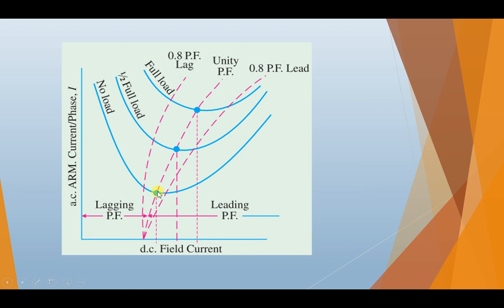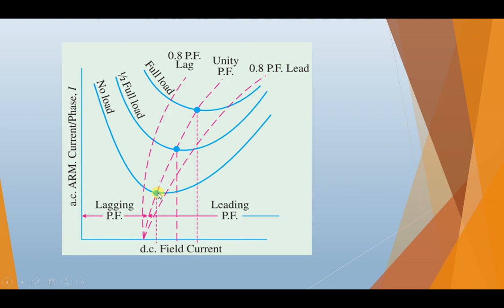The minimum position on each curve denotes the unity power factor, and on the left hand side we have a lagging power factor, and on the right side we have a leading power factor. Initially, suppose at no load, when we increase the DC field current, the AC armature current starts to decrease until it reaches a minimum value, which is the unity power factor.